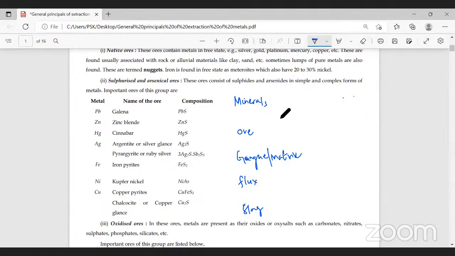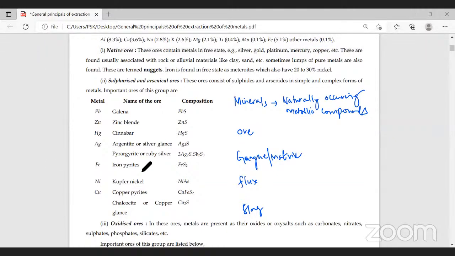What are minerals? Naturally occurring metallic compounds are called minerals. For example, if we take iron, iron exists in many forms. One is Fe2O3, called hematite, H-E-M-A-T-I-T-E. The other is Fe3O4, called magnetite.